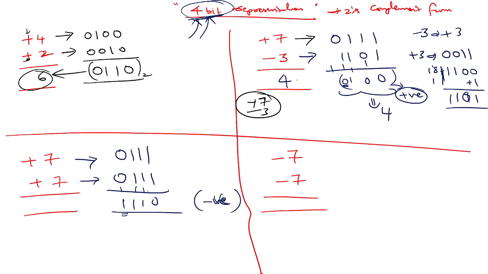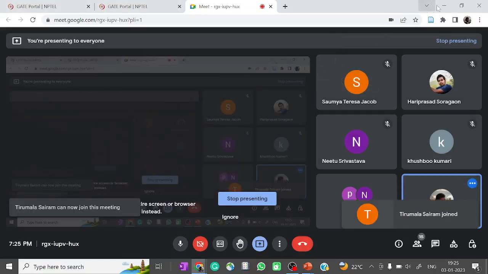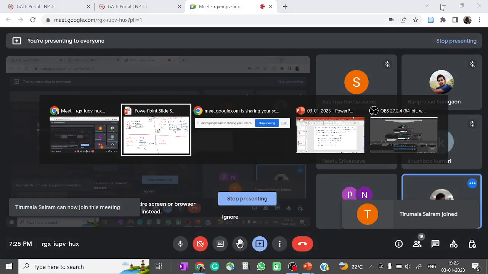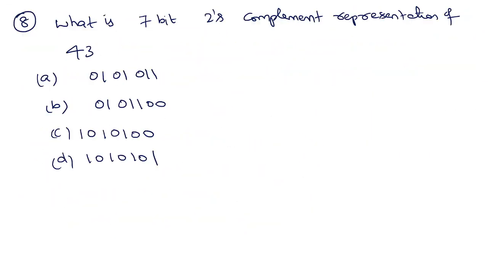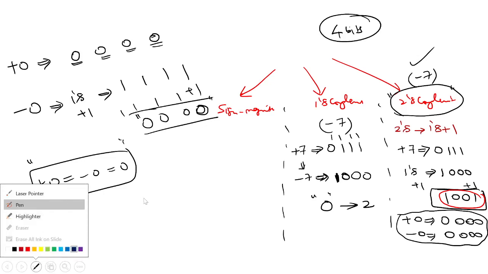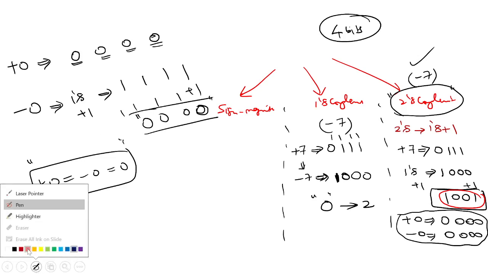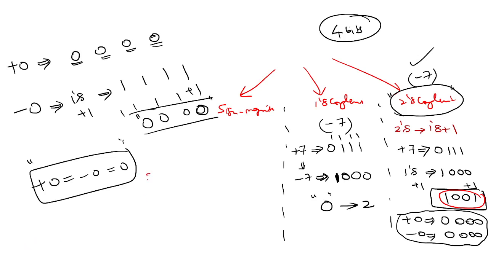So how to get it back? You apply 2's complement again on 1110. How to know the number? What I mean to say is this. 2's complement of minus 7 is 1001.